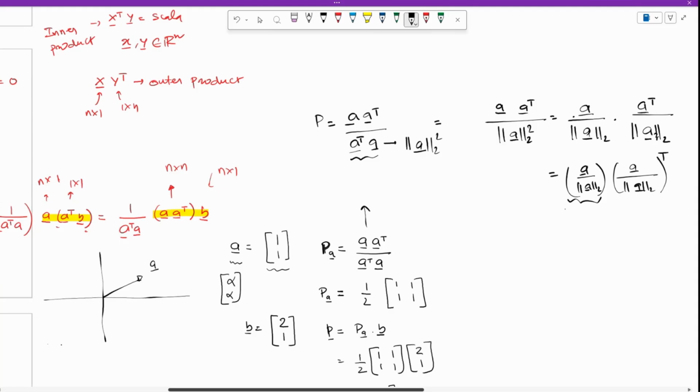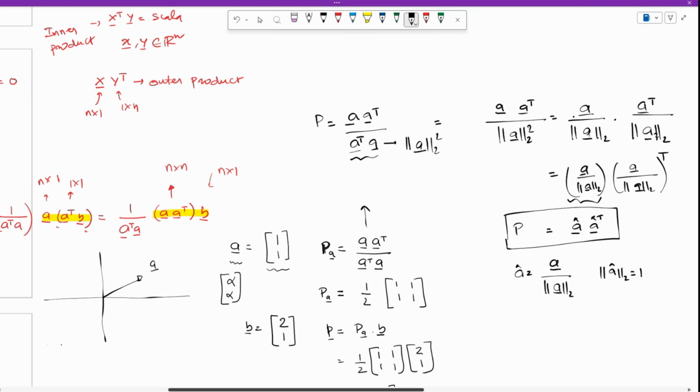This is simply a scaled version of A, and let's call that A cap. What is special about A cap? Well, A cap is normalized. The two norm of A cap would be 1.